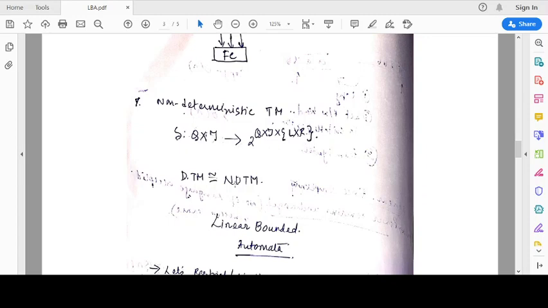Similarly, here also you cannot get any string which is accepted by a non-deterministic Turing machine but is not accepted by a deterministic Turing machine, or vice versa. That is, the set of languages accepted is the same for both, and therefore we can say that they are equally powerful. There can be no comparison of power between a deterministic Turing machine and a non-deterministic Turing machine.